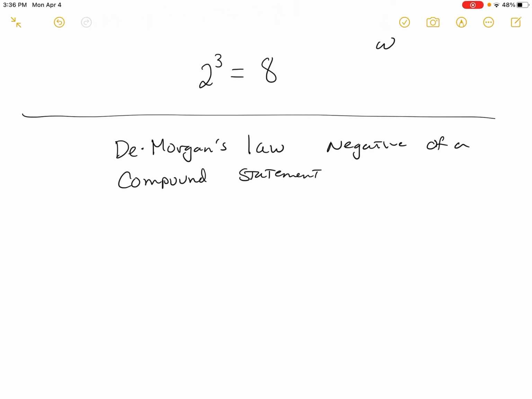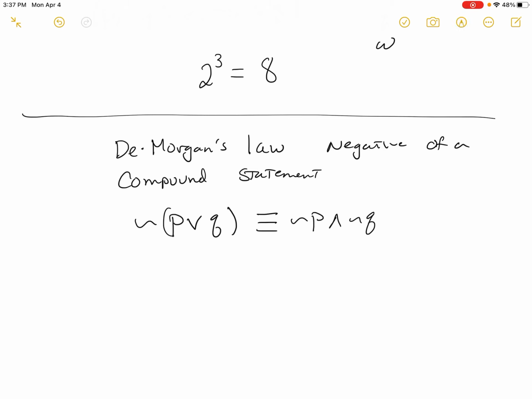And what De Morgan's Law says specifically is that not (P or Q) is equivalent to, they'll use 3 equal signs. So 3 equal signs means it goes backwards and forwards. It's totally equivalent to not P and not Q.